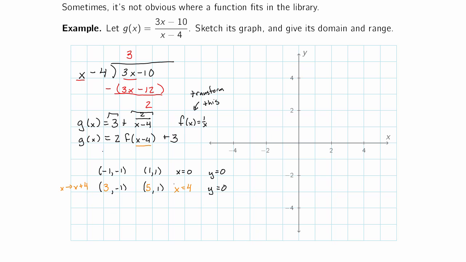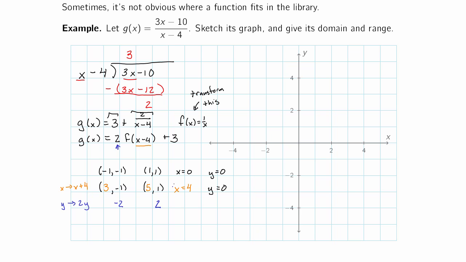Our next transformation, we have multiplication by 2 outside. So each y coordinate is going to be doubled. So -1 times 2 is -2. 1 times 2 is 2.